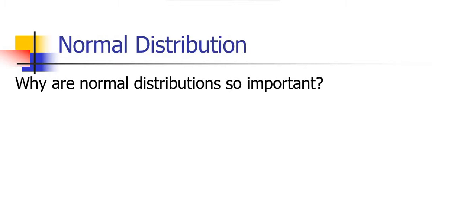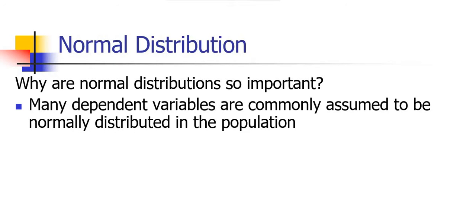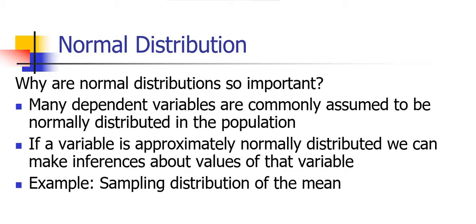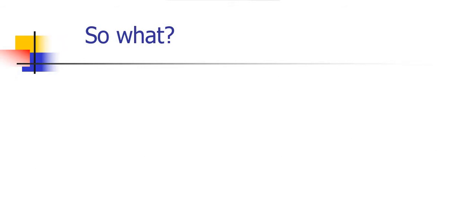Why are normal distributions so important? Many dependent variables are commonly assumed to be normally distributed in the population. If a variable is approximately normally distributed, we can make inferences about values of that variable. Example is the sampling distribution of the mean. So what?